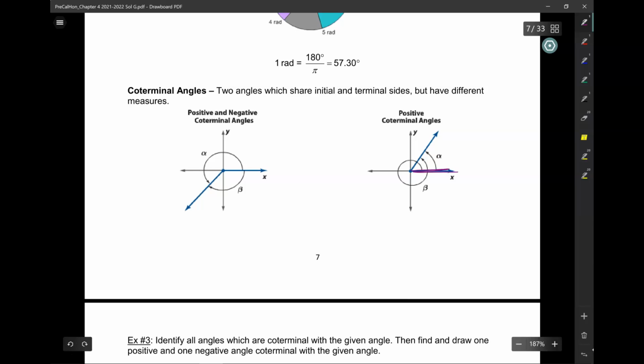Suppose this is an angle of 50 degrees. Okay? So if I wanted to draw an angle of 50 degrees, I start here and I go up, and that's 50 degrees. Okay? Now, suppose I wanted to draw an angle of 410 degrees.